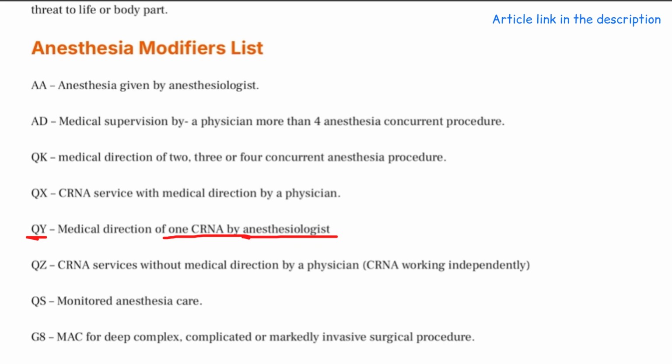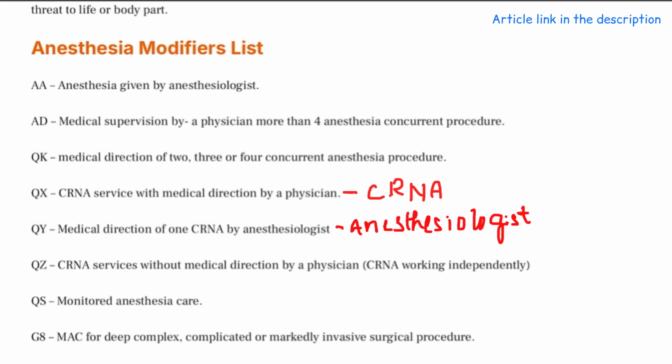Here the modifier QX is for the CRNA. Here the modifier QY is for the anesthesiologist. In the CPC exam, if the question is like this, the patient is given anesthesia by the CRNA who is directed by the physician, now give the CPT code for the physician.